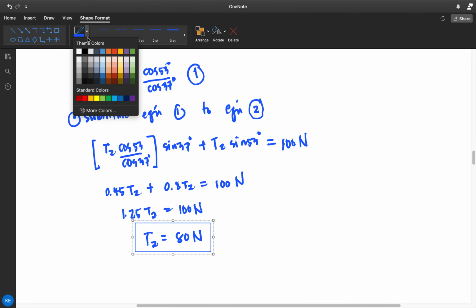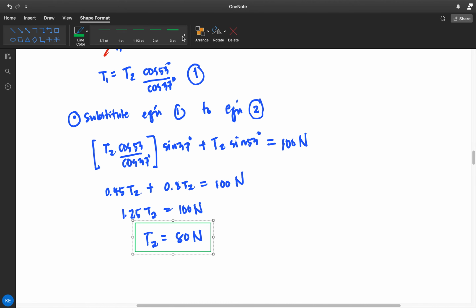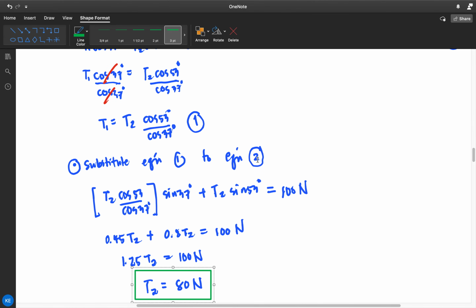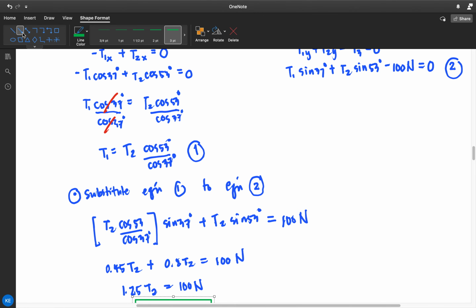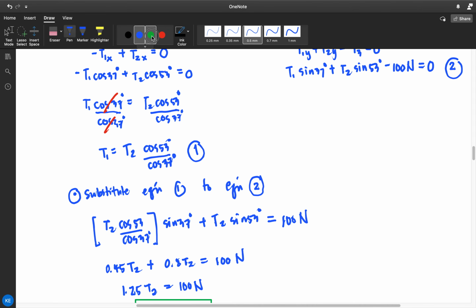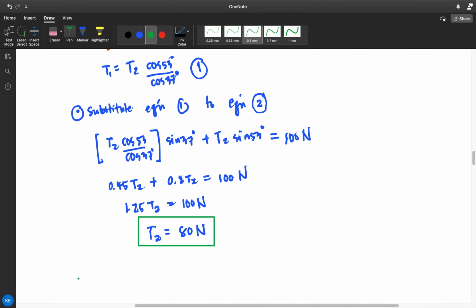Next is that we're going to substitute this value to equation 1. Again, we're going to substitute this value to equation 1. So you'll have here, substitute T2, which is equal to 80 newtons, to equation 1.